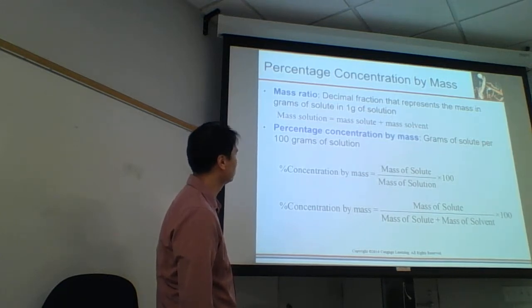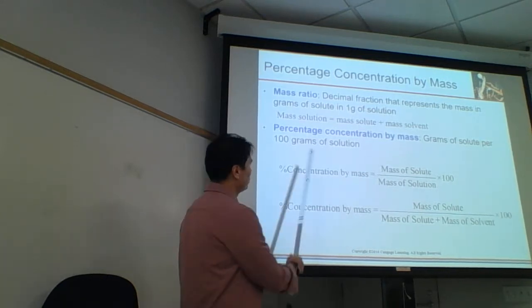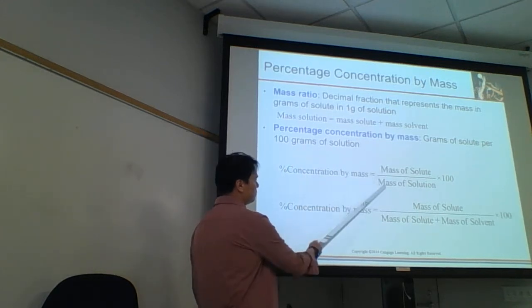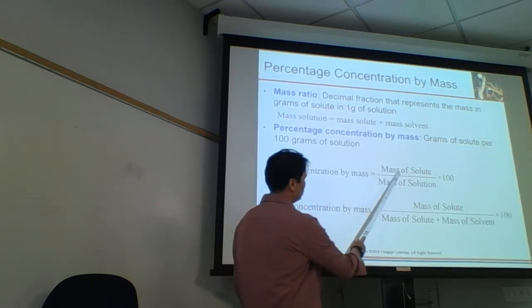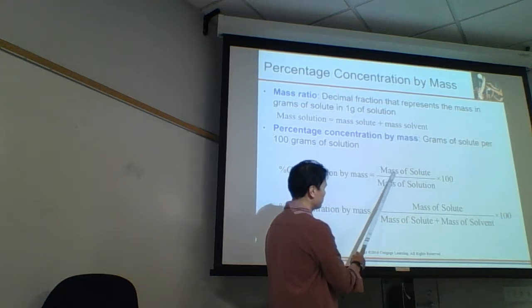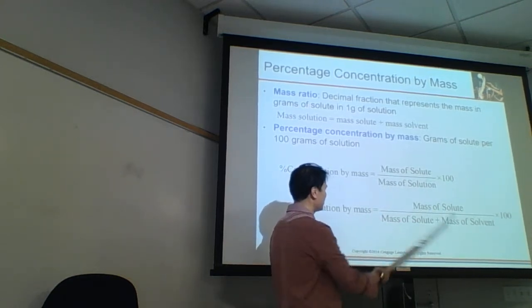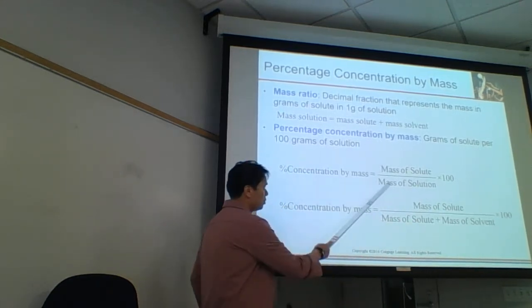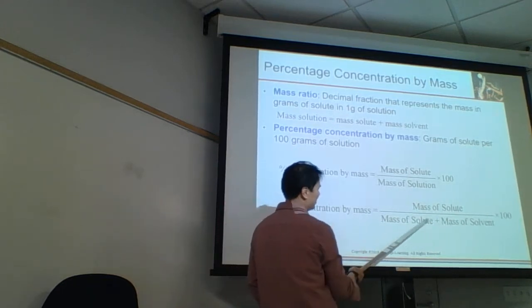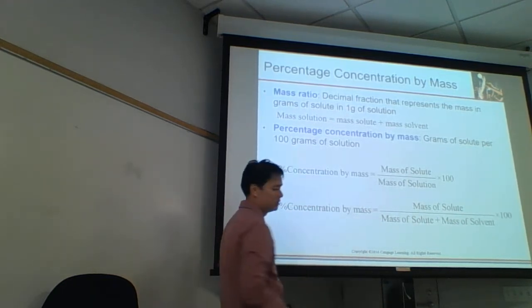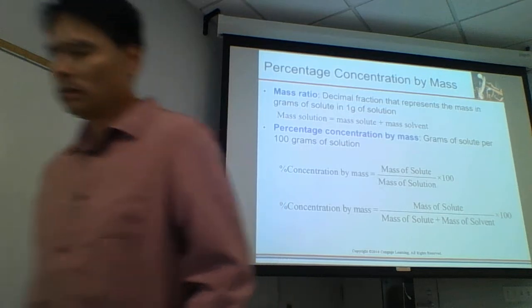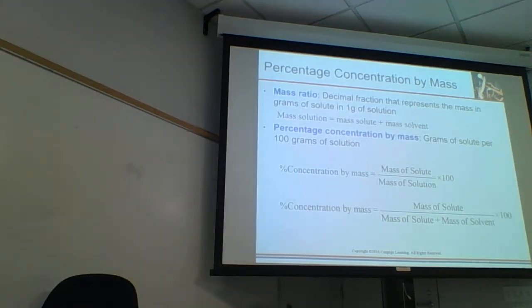In percentage terms, that would be 50%. We do 50 grams of solute over 100 grams total, times 100%. The total is the solute and the solvent combined. So there are different ways of expressing it. This is percent by composition.